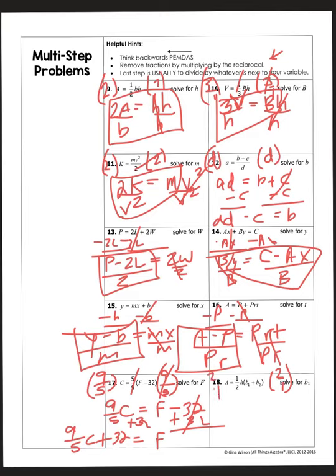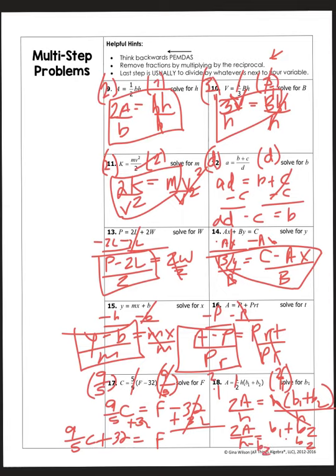So this will be 2A equals H times B1 plus B2. And then I need to divide by H. So 2A divided by H equals B1 plus B2. And then I need to subtract B2 from both sides.